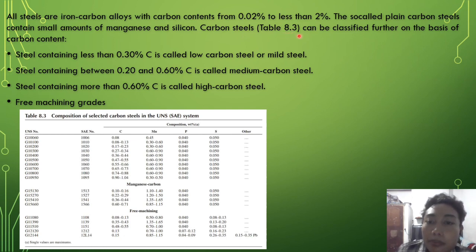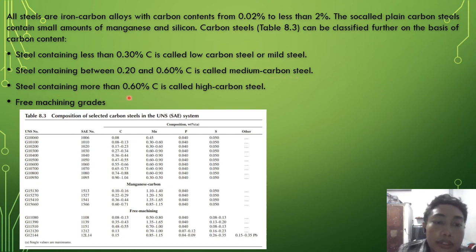Look at Table 8.3. Steel can be classified further on the basis of the carbon contents. Steel of less than 0.30% C is called low carbon steel or mild steel. Steel containing between 0.20 and 0.60% C is called medium carbon steel.